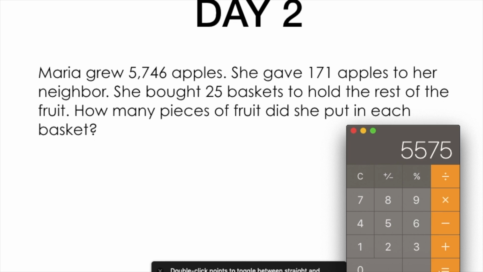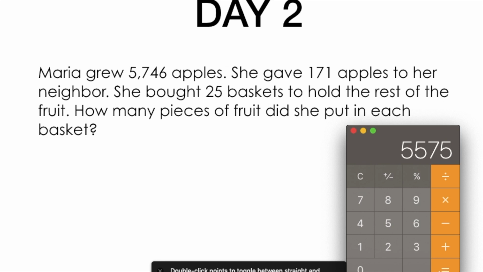Maria now has 5,575 apples. She now needs to place these apples in the 25 baskets. What kind of math will we use to take a big number and equally distribute it into the 25 baskets?